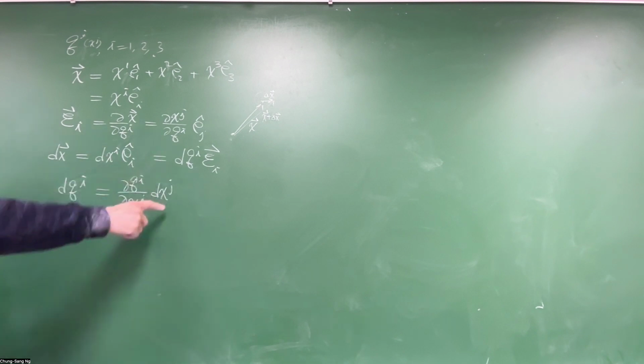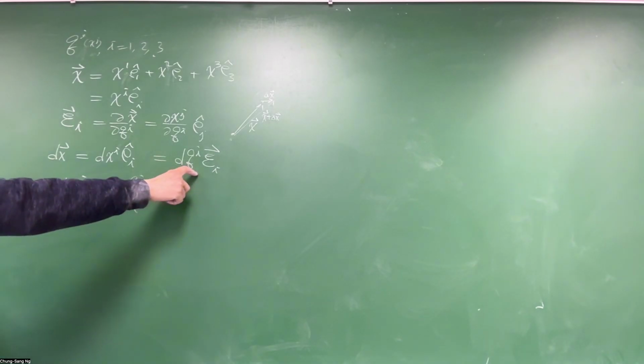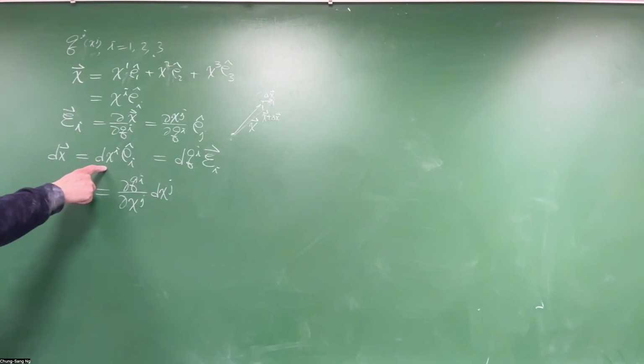And it turns out to be exactly the same as the transformation rule of the contravariant component. Now we can check that this object will produce this one.